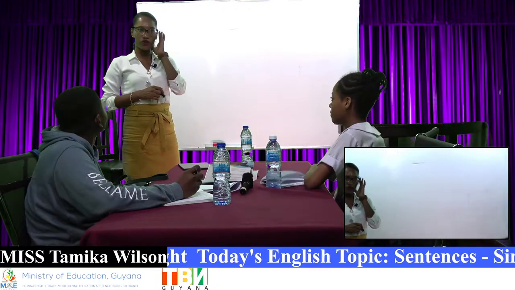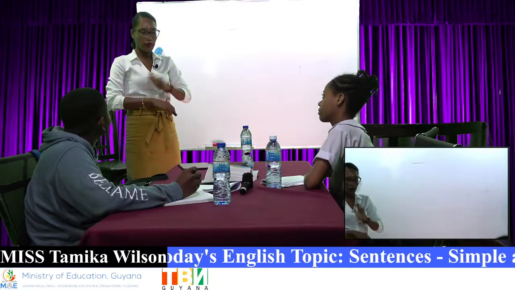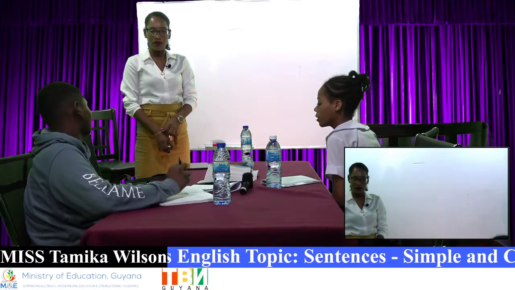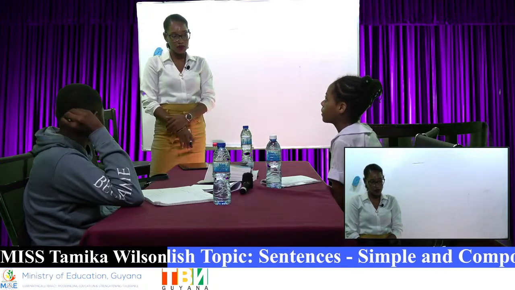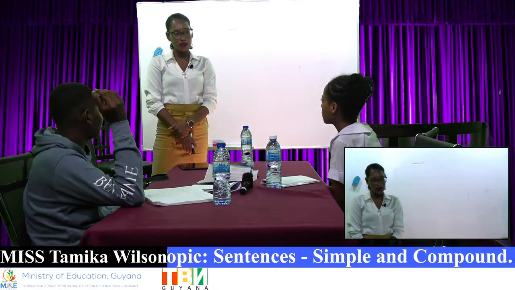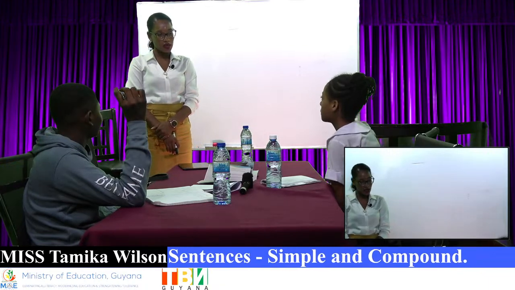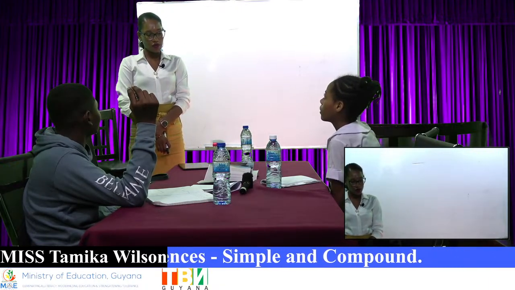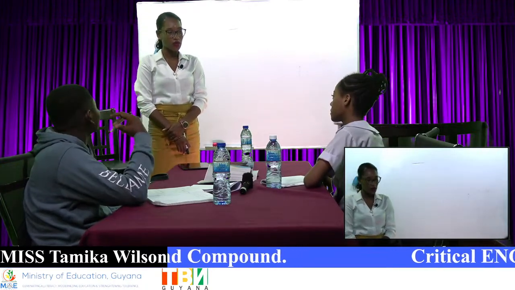All right, and what are the two ways that we can form compound sentences? With a comma and a semicolon. So what's the rule regarding the comma? We use the comma when you're using a conjunction, and we use a semicolon when we are not using a conjunction.